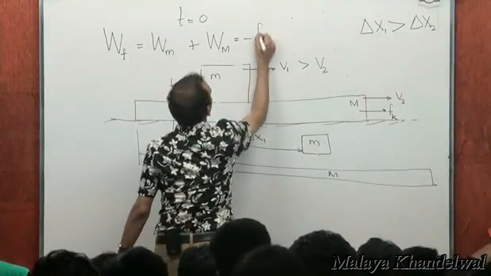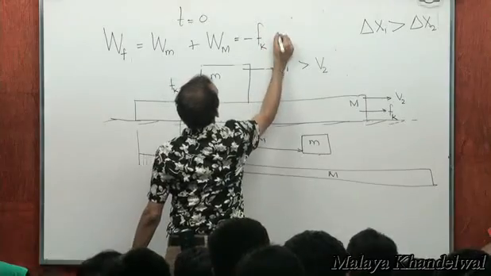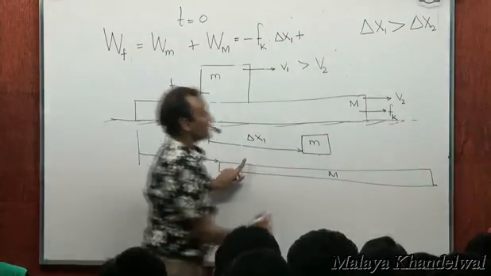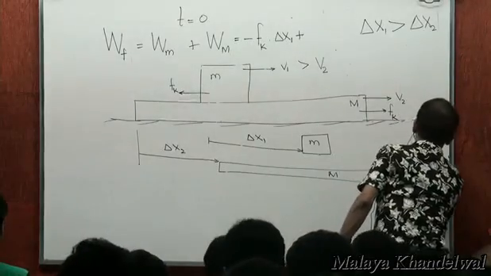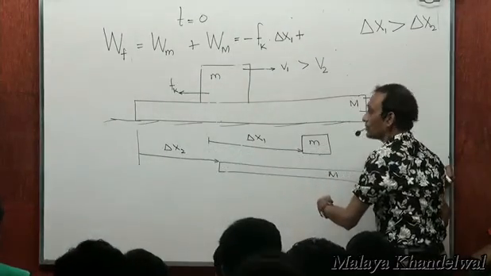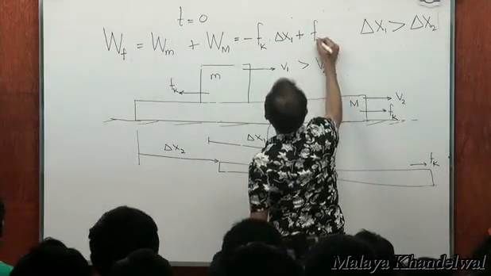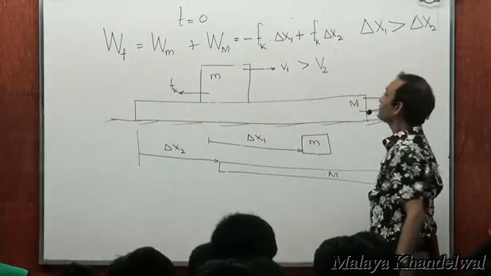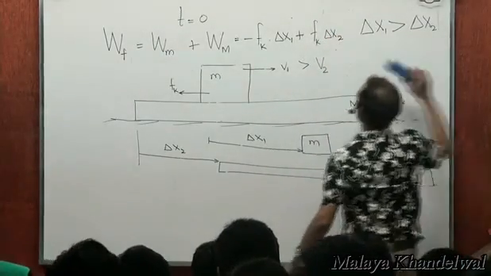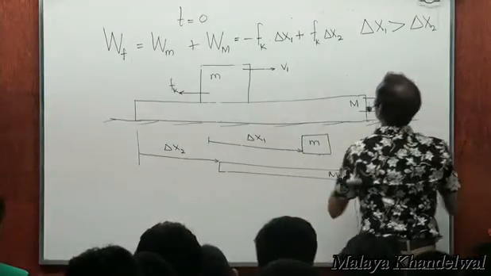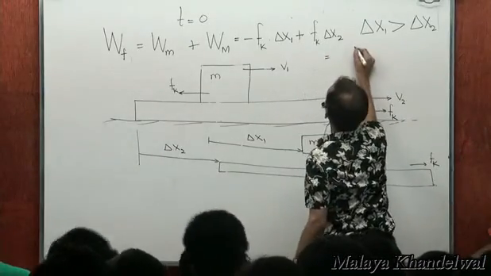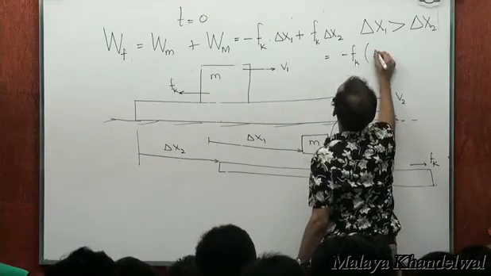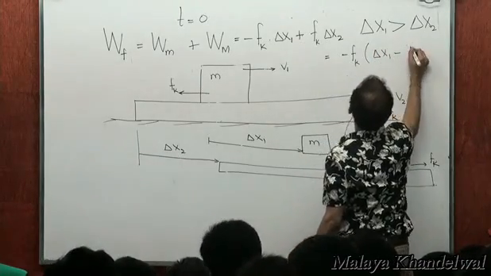So minus Fk into delta x1. What's the work done by friction on the lower mass? On the lower mass, Fk is acting to the right, displacement is delta x2 to the right. So Fk into delta x2, right? That's the work done by friction, which, if I took minus Fk common, is minus Fk times (delta x1 minus delta x2).